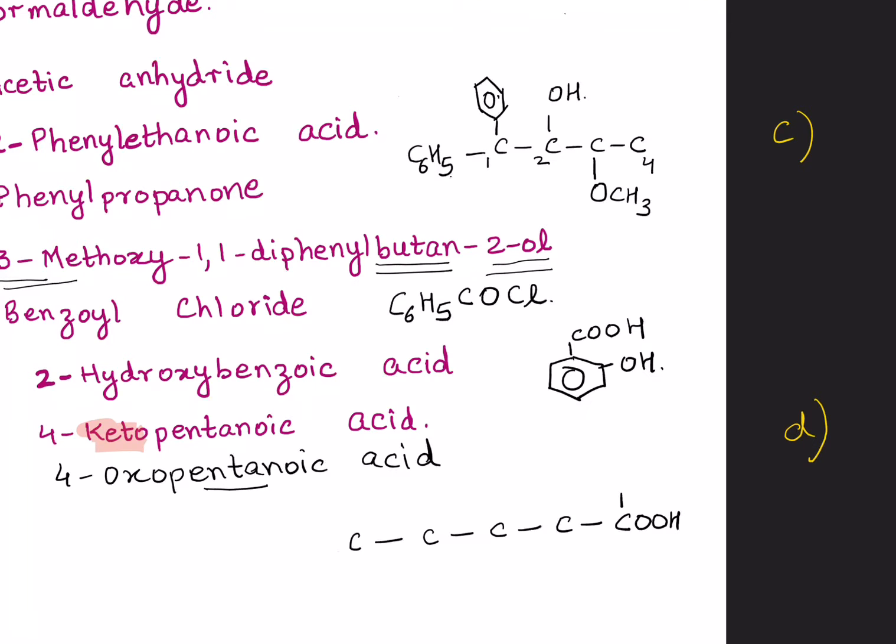Only you have to put the position number 1 here, then 2 here, 3, 4 and 5. At the 4th position, oxo, that means it's a C double bond O. The rest is hydrogen. This is already satisfied, and you have 2 hydrogen here and 2 hydrogen here.